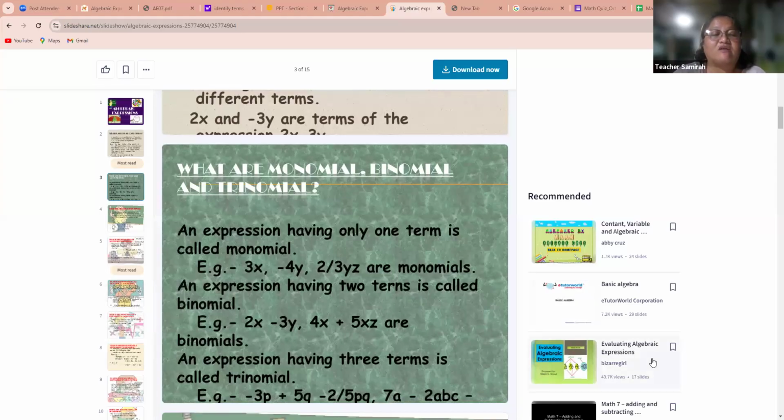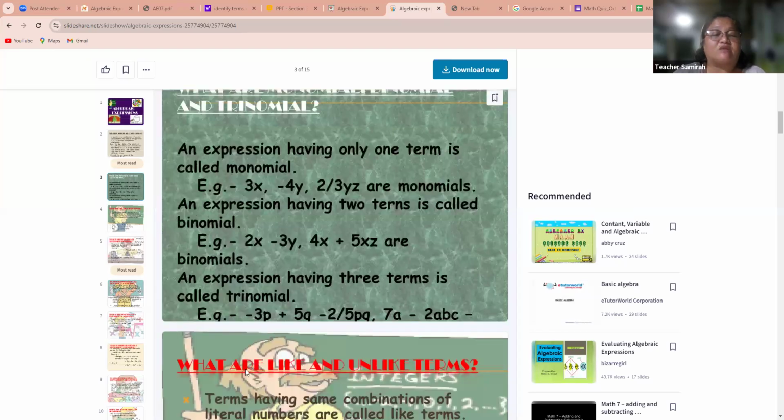How about binomial? Binomial is an expression having two terms. For example, negative 2x minus 3y. That is actually a binomial. Or 4x plus 5xz is also called a binomial.